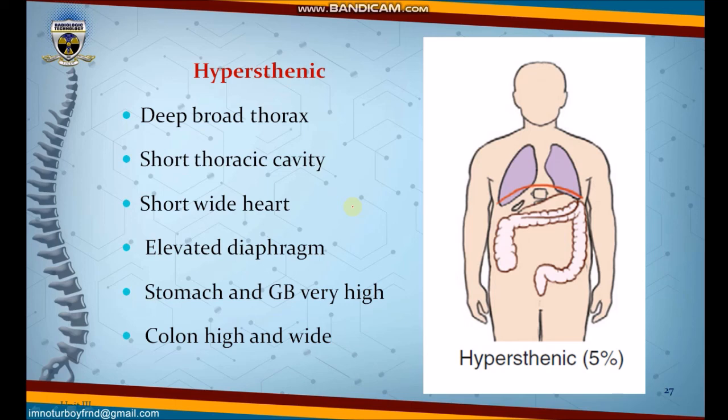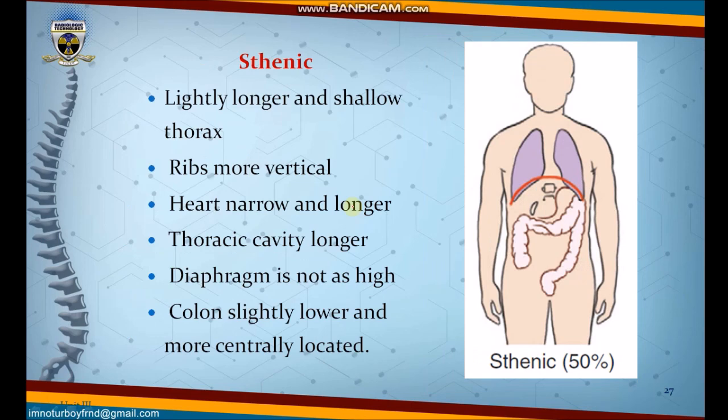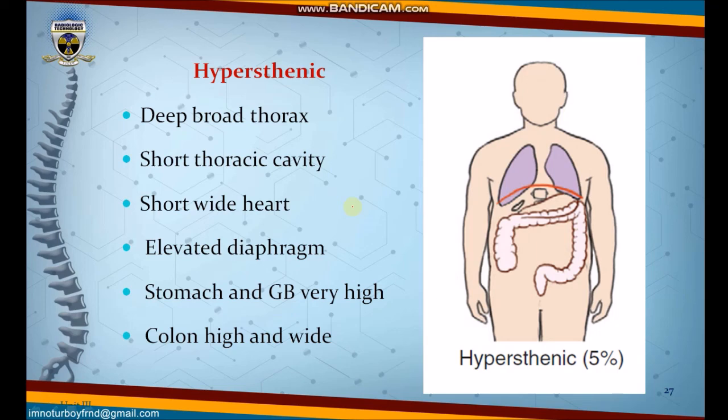This body habitus is described as having a deep and broad thorax, short thoracic cavity, short and wide heart, elevated diaphragm, stomach and gallbladder are very high, and the colon is high and wide. These descriptions are based on the normal body build, which is sthenic. So when compared to sthenic, we describe hypersthenic.